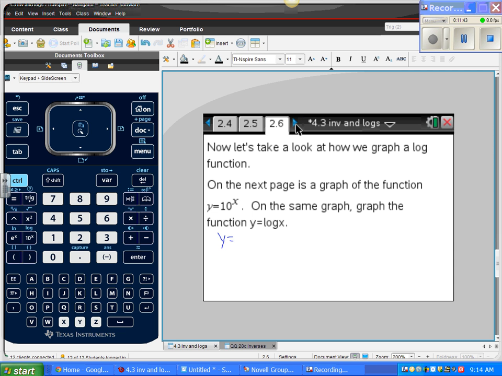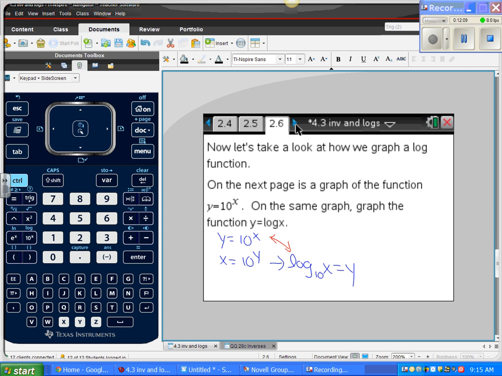So if I'm taking y equals 10 to the x, my first step would be x equals 10 to the y. And then from there, I would go to my log form. Log base 10 of x equals y. So these two right here are inverses of one another. When we graph them, it should be a reflection over the line y equals x, if I've done it right.